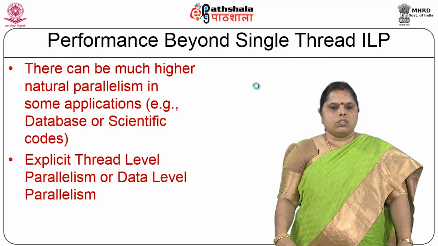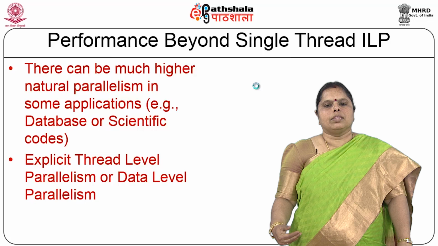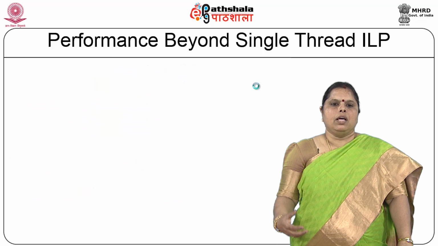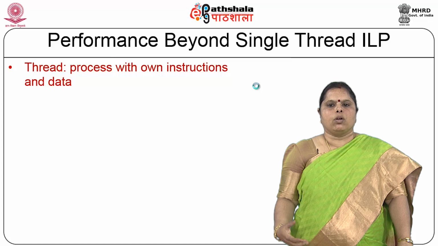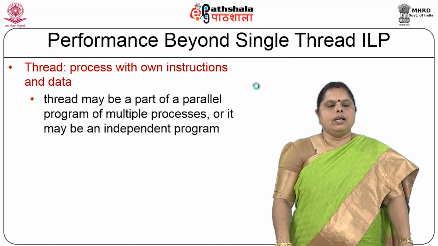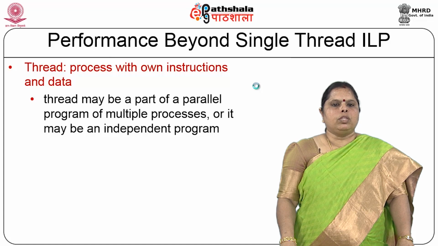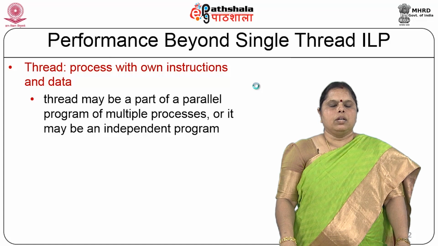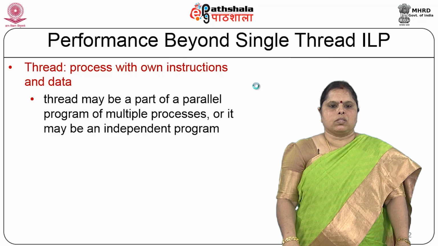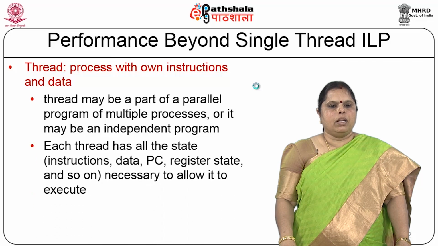What we are going to concentrate on here is the thread level parallelism that is available in your applications and whether that can be exploited in order to get better performance. Now, a thread is nothing but a process with its own instructions and data. So, the thread may be part of a parallel program of multiple processes, or it may be an independent program.